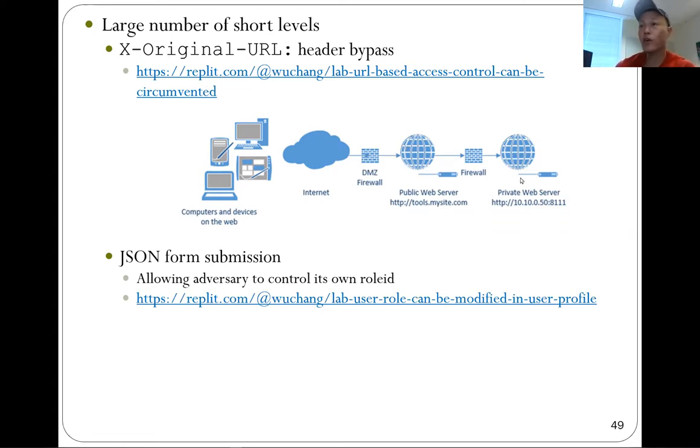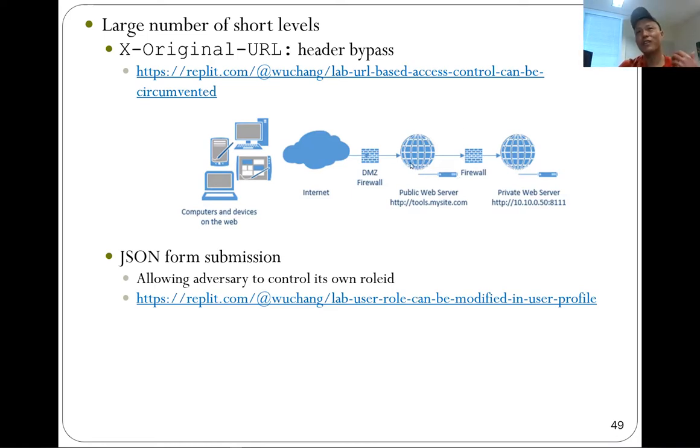For example, if your private web server has these private IP addresses that it uses to implement these URLs on the reverse proxy, then the URL request is being rewritten, and there is a header that says, the original URL that the user sent to me was /admin.